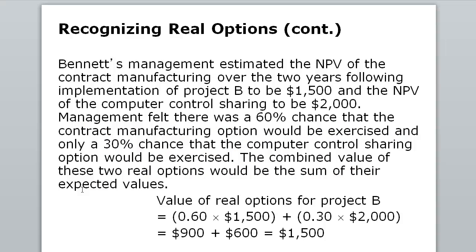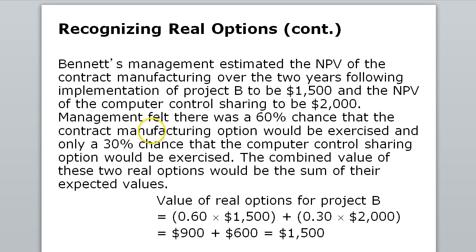So how we could do this is, we have to estimate the net present value of the contract manufacturing over the next 2 years following the implementation of Project B. We know that it'll be $1,500 and the net present value of the computer control system would be $2,000. So $1,500 is the value of the contract packaging, $2,000 of the computer control system.